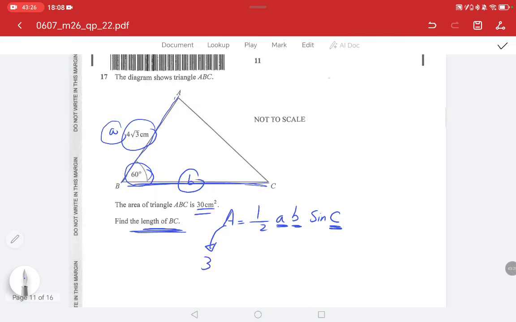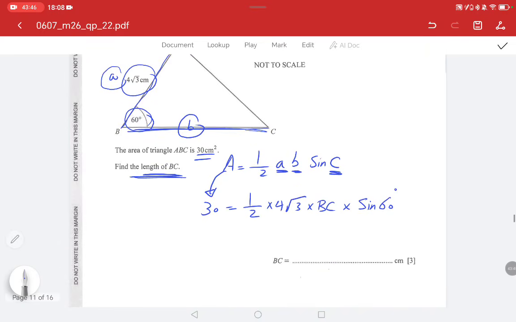The area 30 equals 1/2 times A, which is 4 square root of 3, and B is the side BC, times sine C, the sine of the angle between the two sides, which is 60 degrees. This will lead us to something you have to revise before your exam tomorrow: you should know the exact values of trigonometric ratios, like 30, 45, and 60.